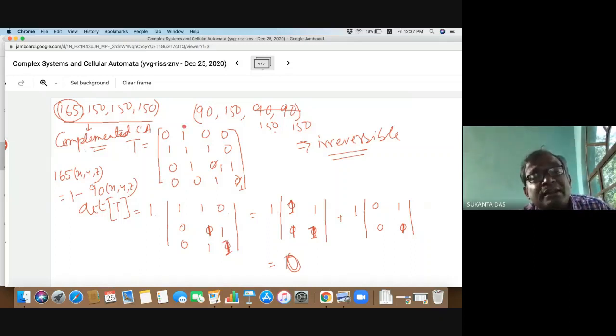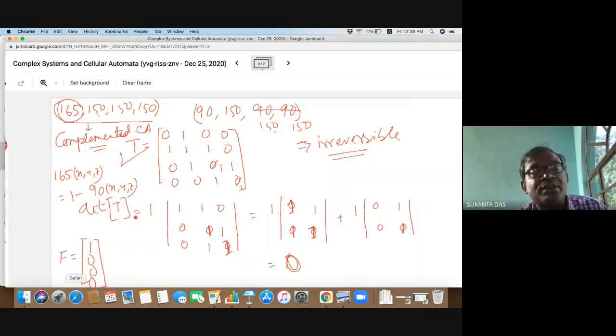So how can I characterize this complementary CA? For this, I can use this T matrix, along with which I need an F vector. What will this F vector contain? The first rule is a complementary rule, so it will be 1. The second rule is a linear rule, it will be 0. Then it is a linear rule, it will be 0, and again 0.